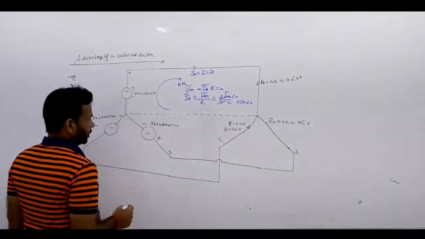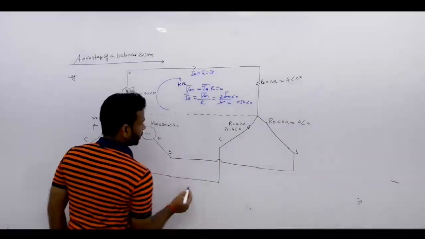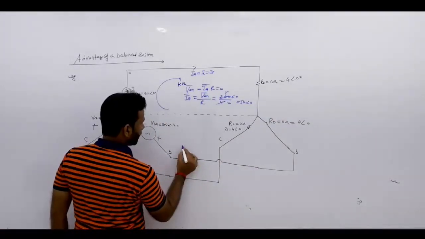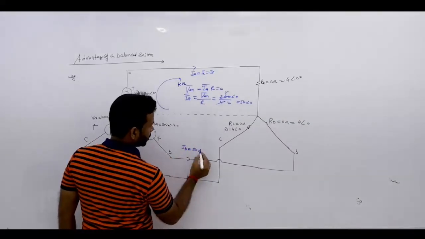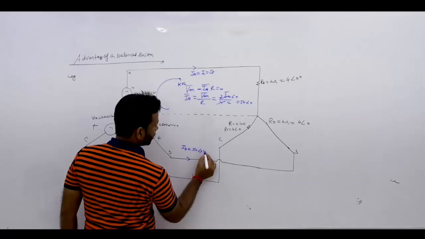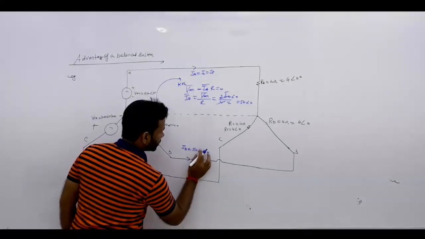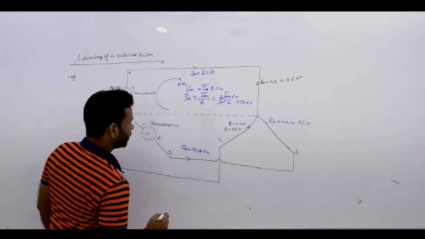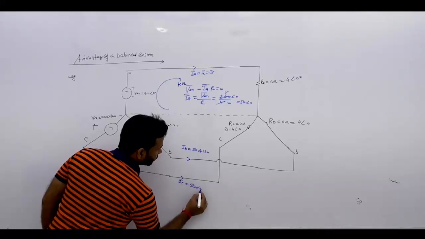Similarly, if you take the KVL for the B phase, then the phase current IB is 50 angle minus 120, because resistance has no angle. Similarly, you have IC as 50 angle plus 120 degree.